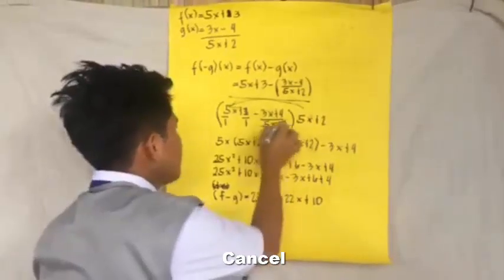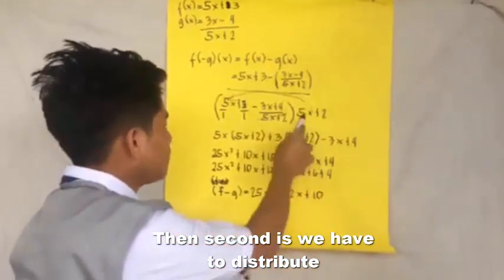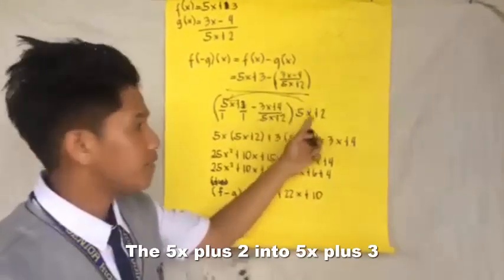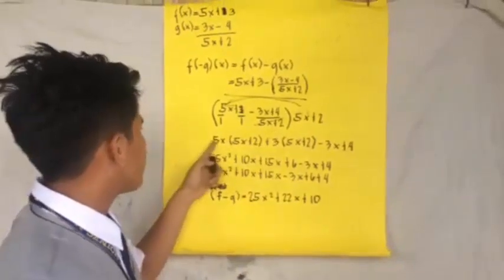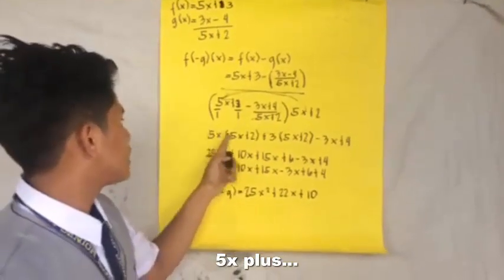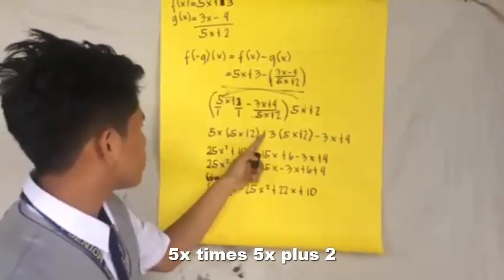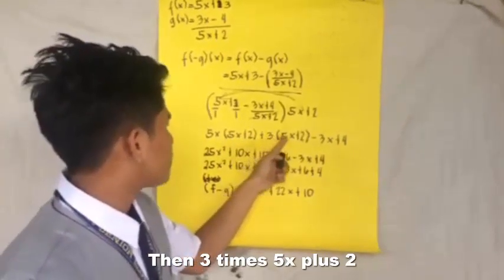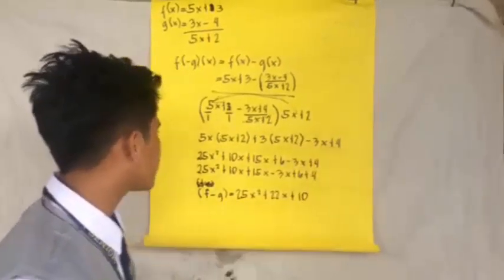Okay, cancel. Then second, we have to distribute the 5x plus 2 into 5x plus 3: 5x times 5x plus 2, then 3 times 5x plus 2, then minus (3x minus 4).